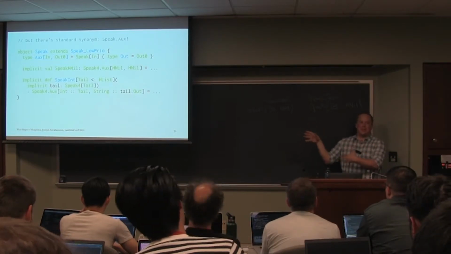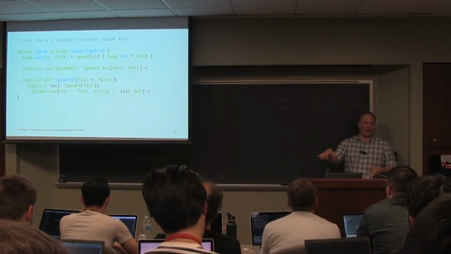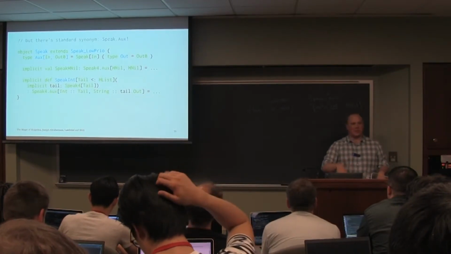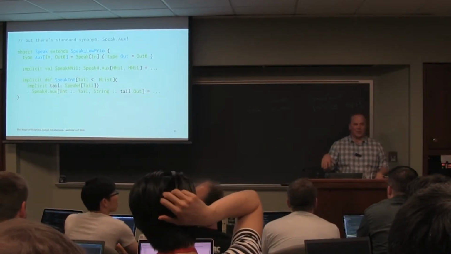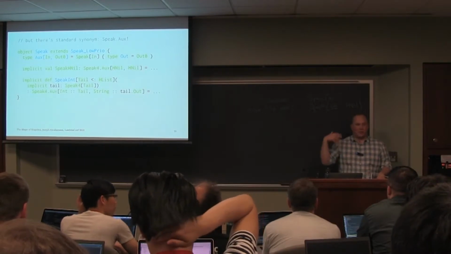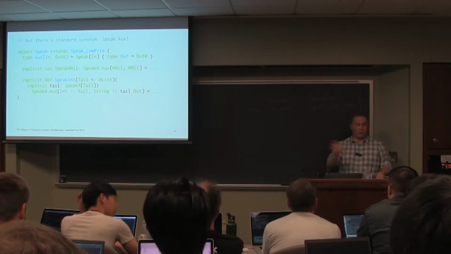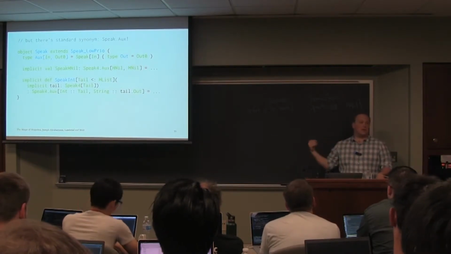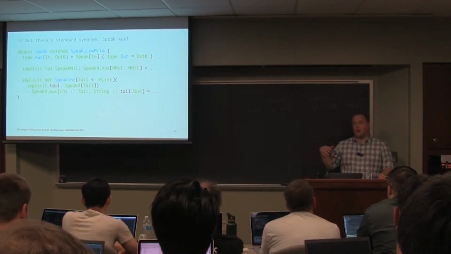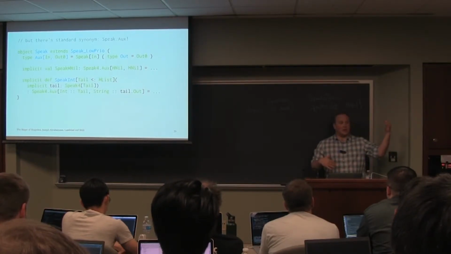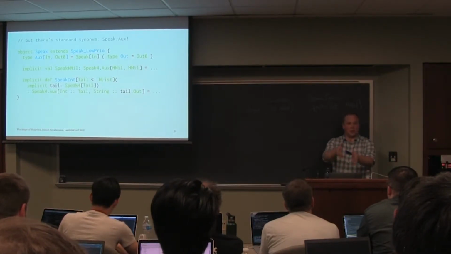You only do this in a library setting when you're going to pay a lot out in your users saving boilerplate. Speak is a terrible example because nobody writes speak, but we'll do ordering in a second, and we'll essentially be able to write ordering.derive and have it just derive the ordering for point2D or for a recursive binary tree, because recursive types are fun. And if somebody is defining a bunch of these things and they want free ordering on everything, then it's maybe worth doing this work.